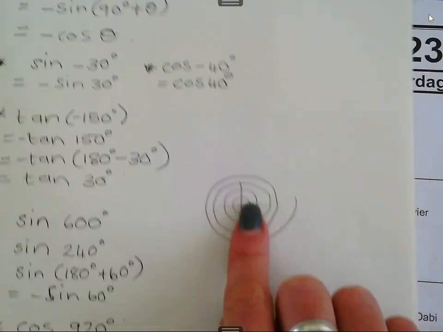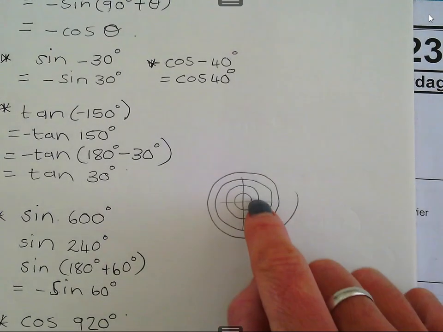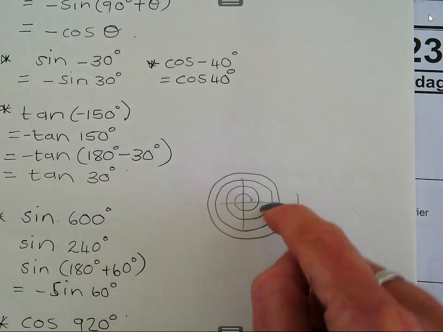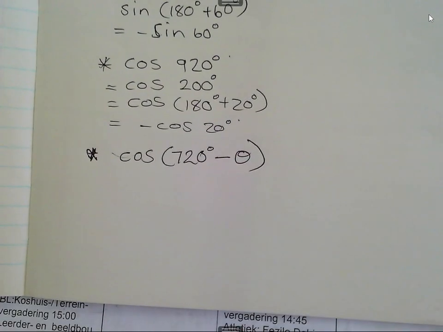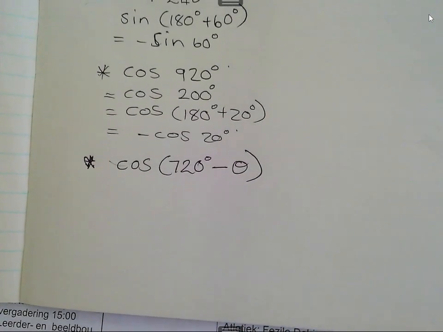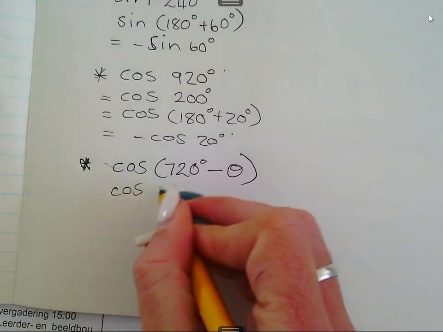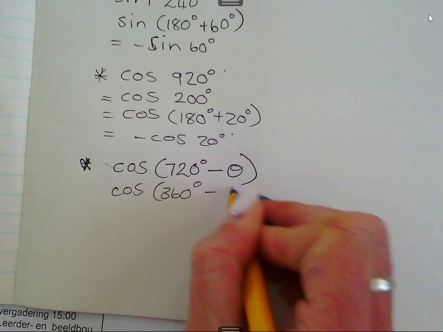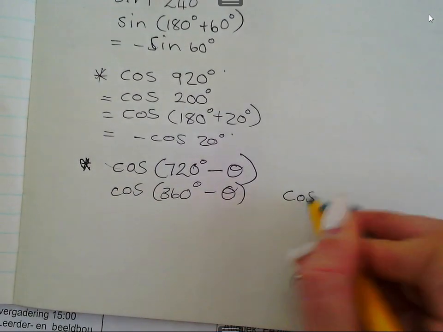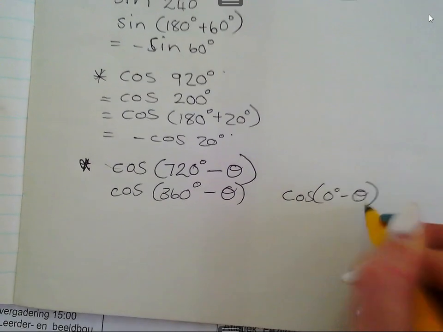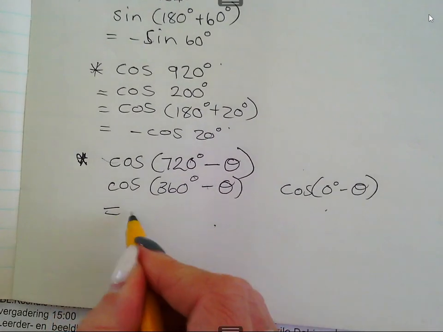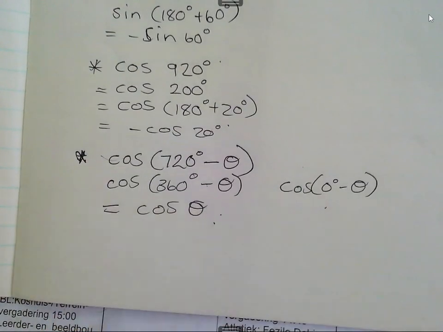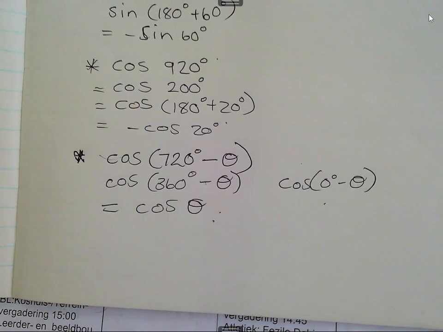No. Even if it looks like this, you just subtract the 360 and throw it away. So they are actually asking you for cos of 360 degrees minus theta, or you can say cos of 0 minus theta. Both cases will be in the fourth quadrant, where cos is positive, cos theta. Does it make sense?